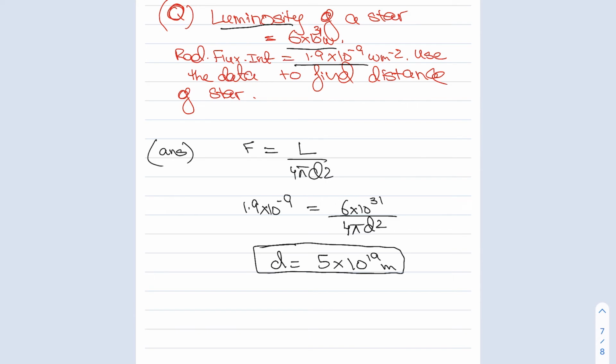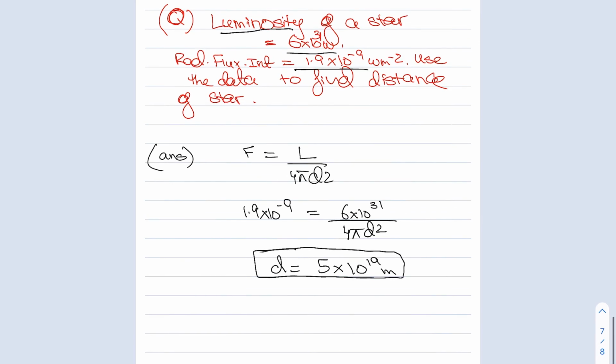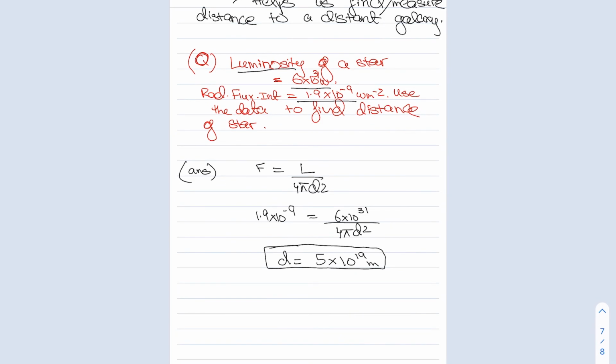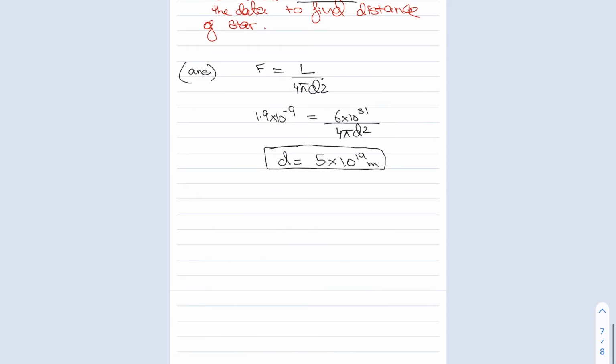So that wraps up our first main subsection of this chapter, which was to find the distance to a distant galaxy. All of the stuff we've done in the first lecture and in this lecture was linked to finding the distance to a distant galaxy.